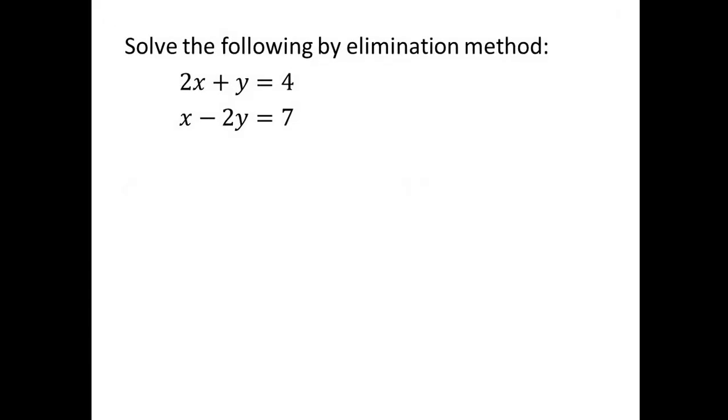So the first one is, let us solve the following equation by elimination method. We have here 2x plus y is equals to 4 and x minus 2y is equals to 7. Okay?